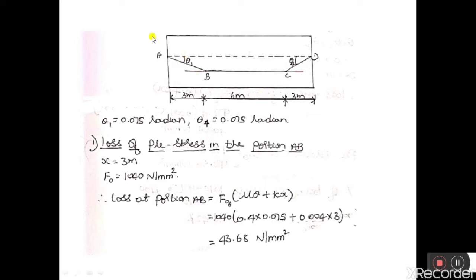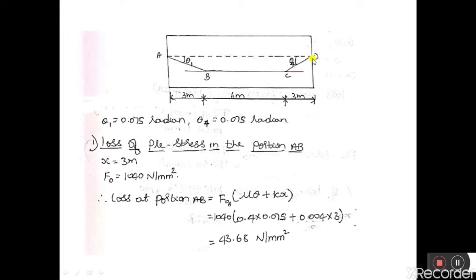So in the question it is given that the cable is being pulled from one end. So let us consider the cable is pulled from this end. The cable is being pulled from end A and end D is anchored.